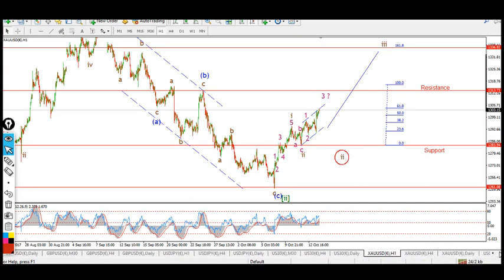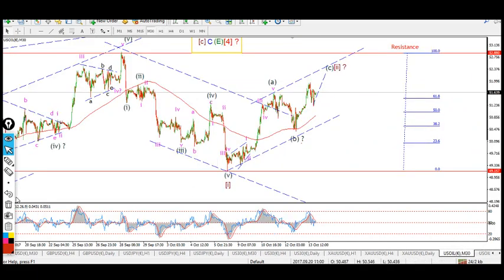Now down into gold, down into oil, crude oil. Yes, we're on the 30-minute chart here, and this rally that happened early last week kind of threw the cat amongst the pigeons a little bit and altered the structure of what's happened off the low.